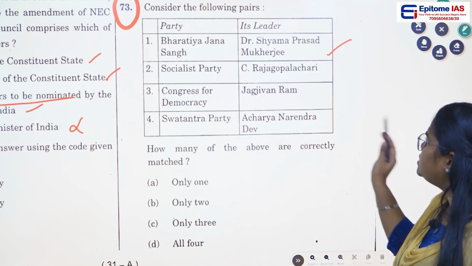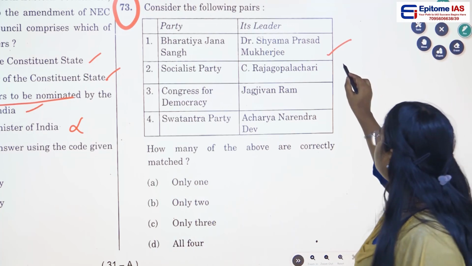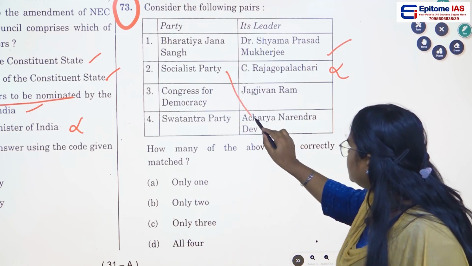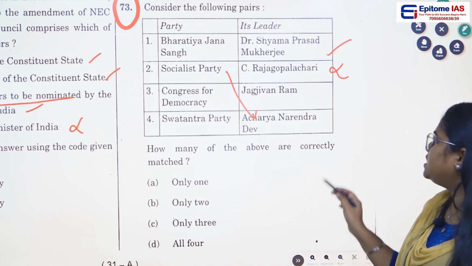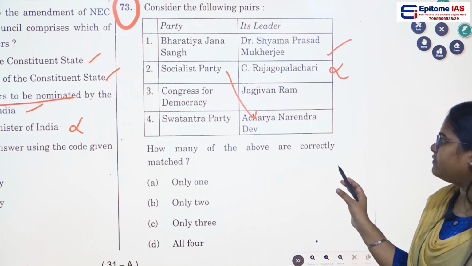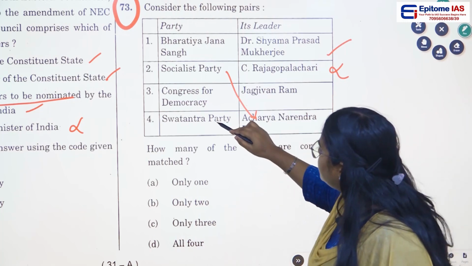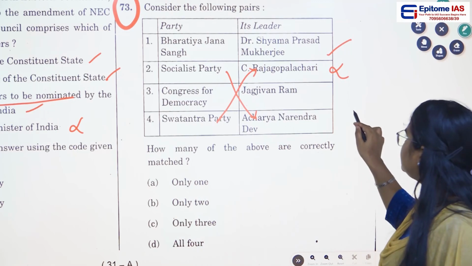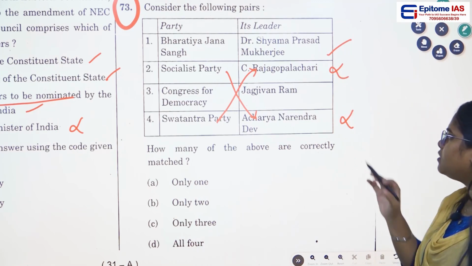It is related to Rajagopalachari. No, the Socialist Party is not related to Rajagopalachari. If you clearly see here, the Socialist Party is related to Acharya Narendra Dev. And the Swatantra Party is related to Rajagopalachari.